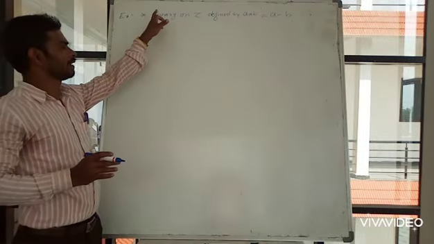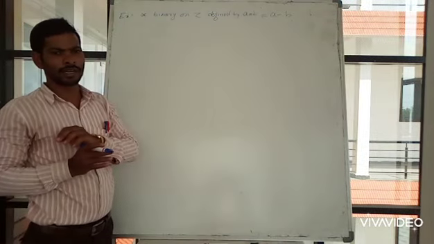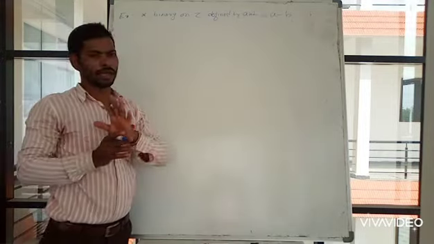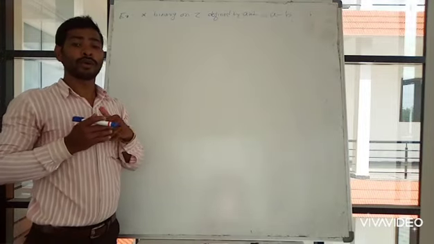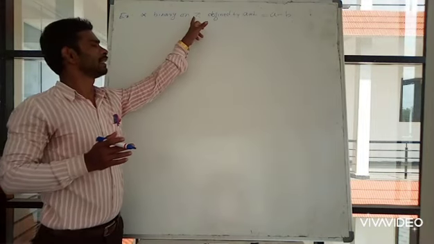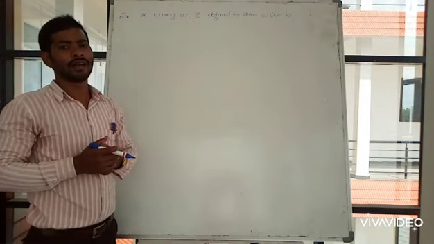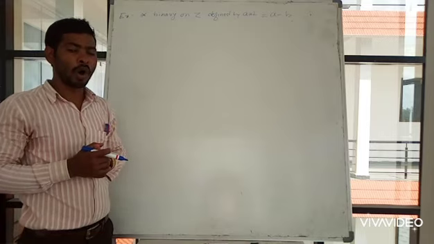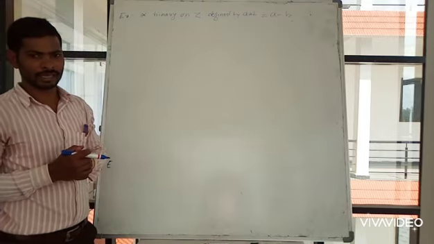Star is a binary operation on this set Z, defined like this. We are going to determine whether this binary operation star on the set Z is commutative or associative.